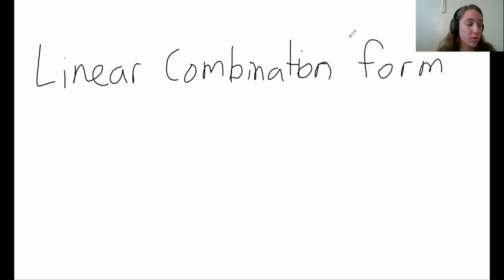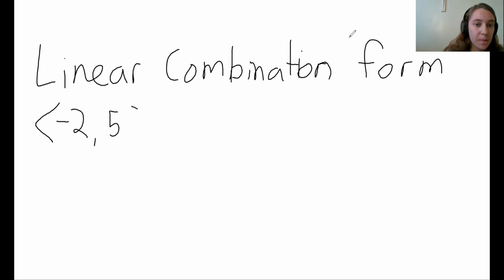What you already learned was component form, which is in the form of the vector we just worked with, -2, 5. So this is component form.